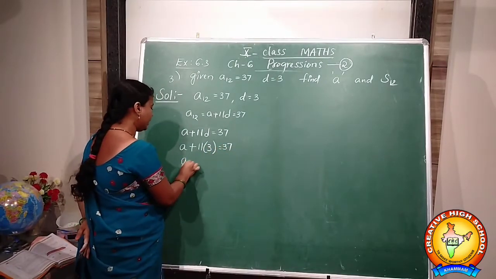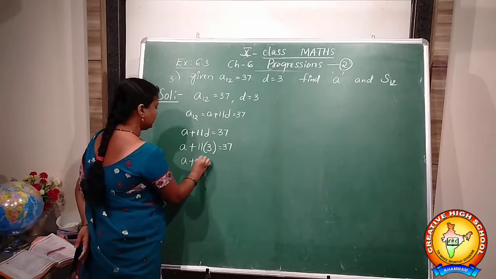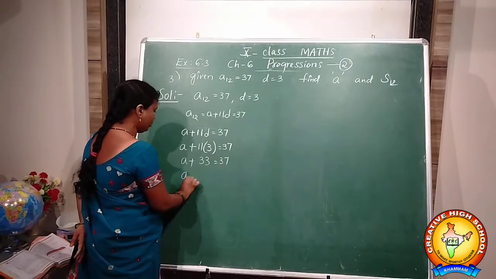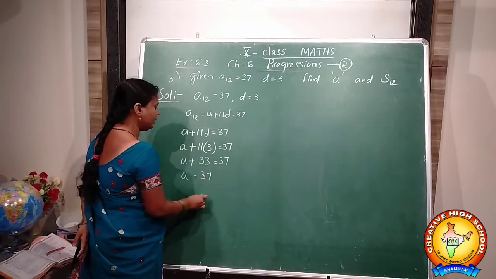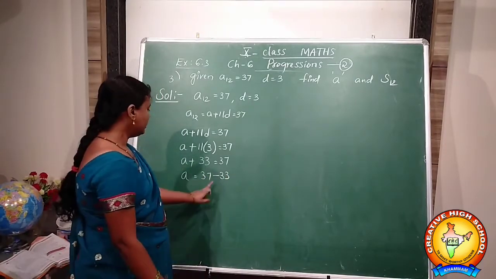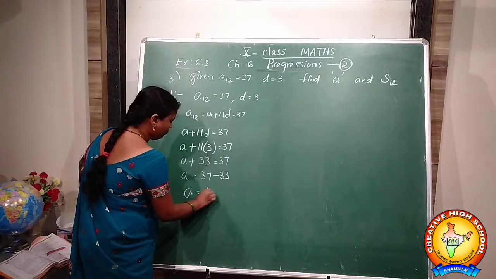Okay. So a plus 11 threes are 33 is equal to 37. So a is equal to 37 minus 33, then a is equal to 4.